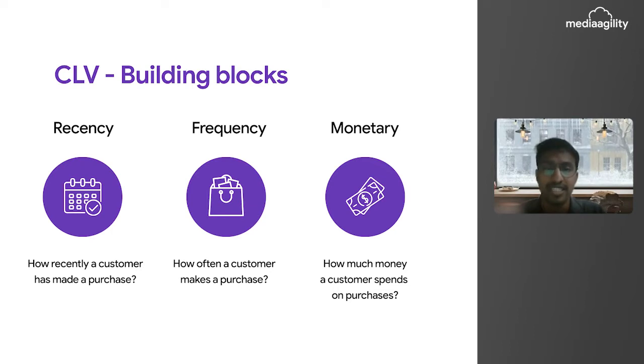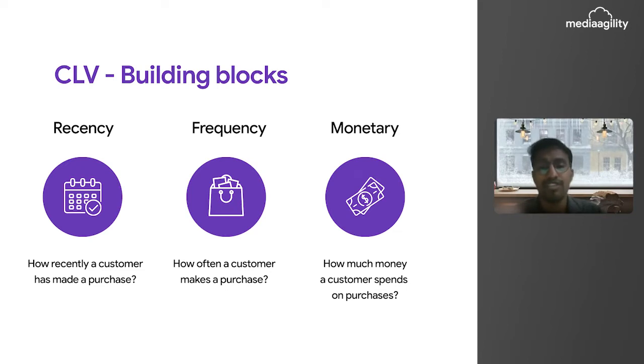First one is recency, second one is frequency, and third is the monetary. So recency is the age of the customer till the recent transaction, from the first transaction to the recent transaction. Whatever the age is there, that's the recency of the customer.